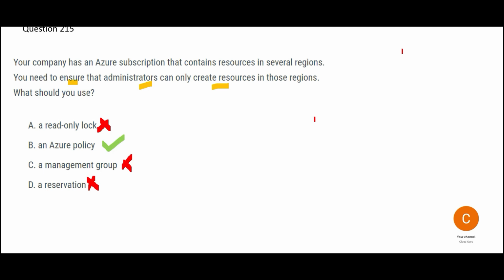That doesn't mean that on-demand instances will not give you uninterrupted service, they will. The second main reason is cost savings. You can save more than 50% of cost with reservations. So in the cloud world, Azure reservation or VM reservation is a great thing. But in this question, nobody is asking about cost saving, right? They are asking about a certain policy to be implemented. So D is wrong, but option B is the correct answer, Azure policy.